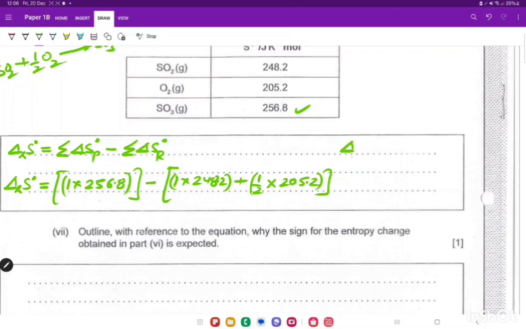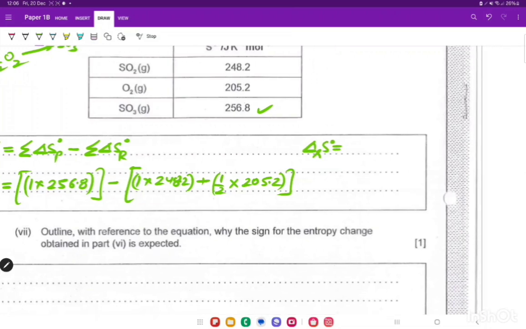Thus delta S degree, the standard entropy of reaction, comes out to be 256.8 minus 248.2 plus 102.6.